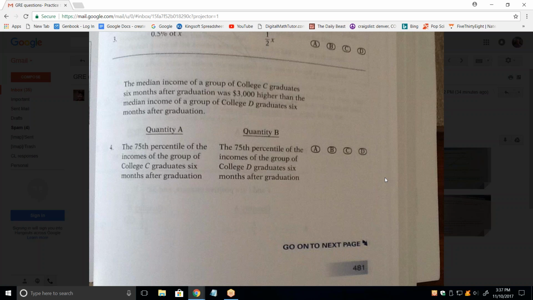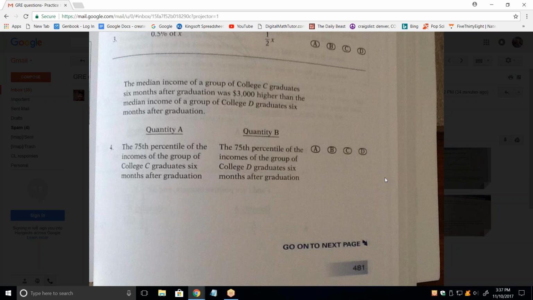Yeah. So I have a question for you about this problem. When it says 75th percentile, is it talking about the normal distribution, or is that something else? Something else.